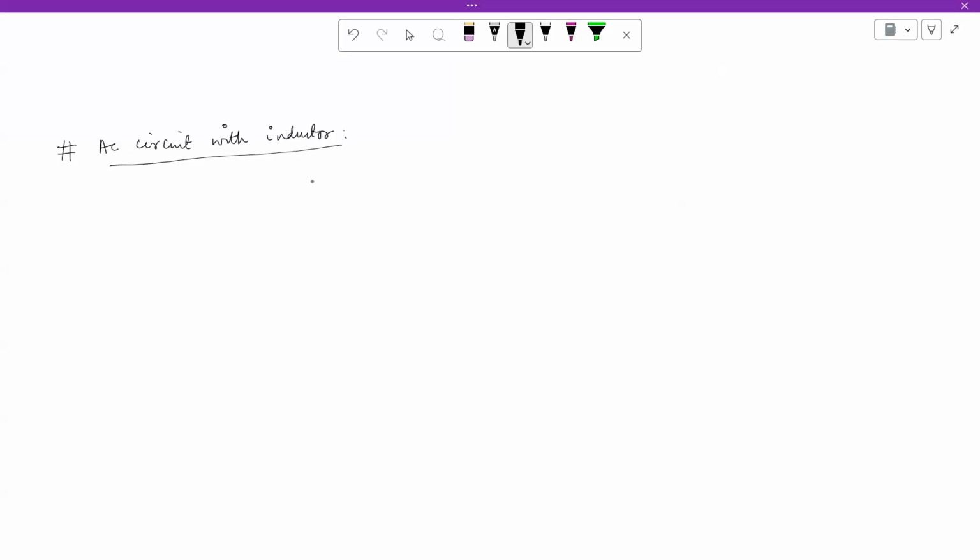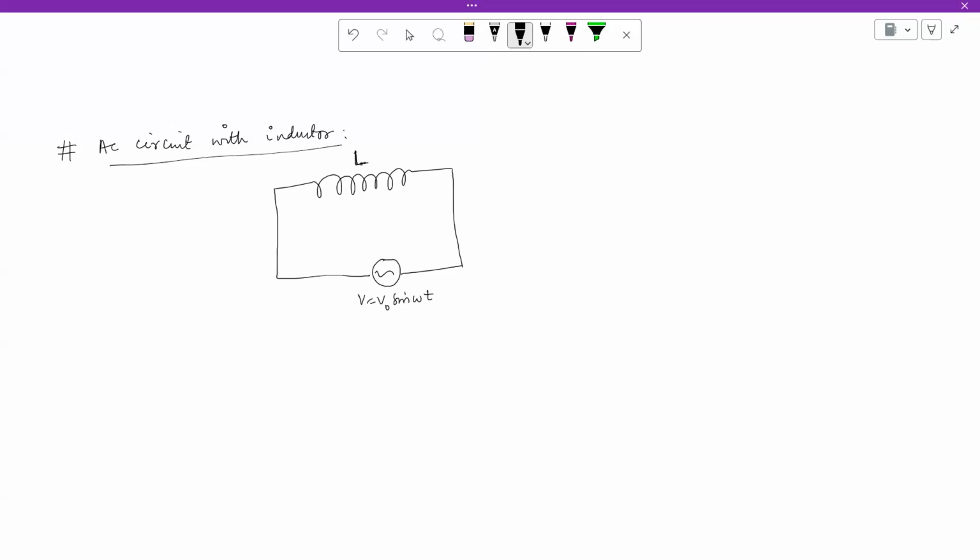So we have an inductor connected to the AC supply. So this is V naught sine omega t, and this is the inductance L, right?